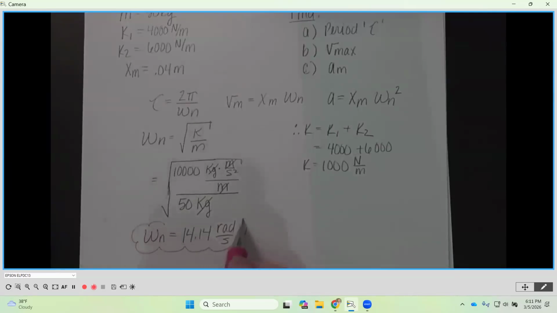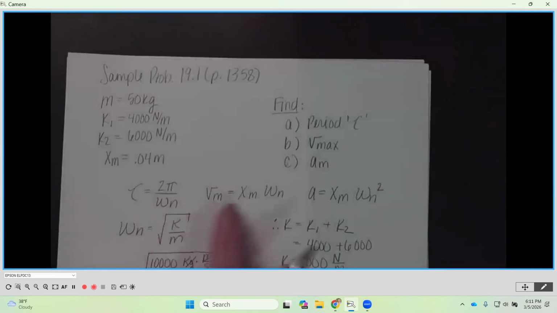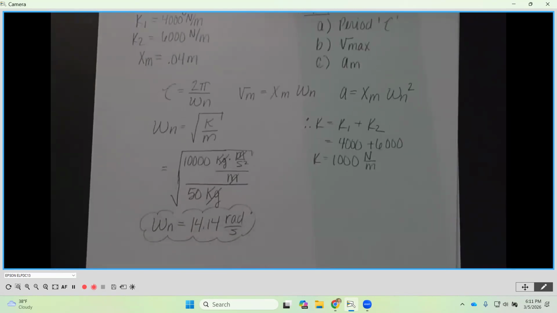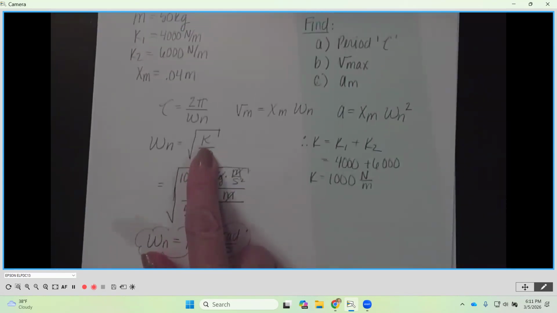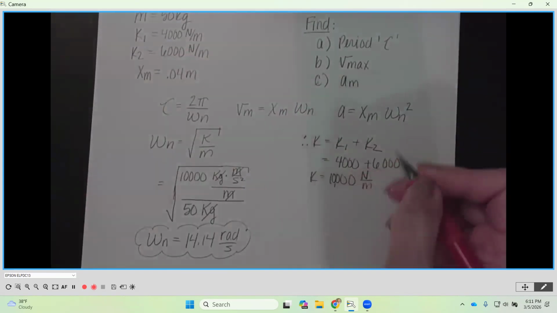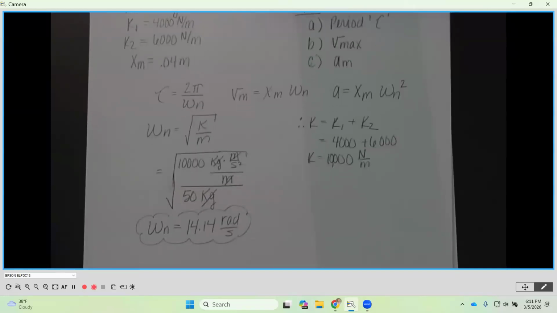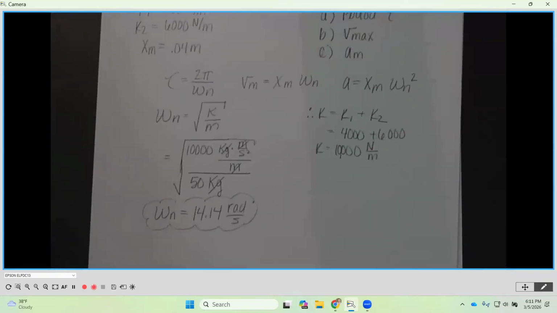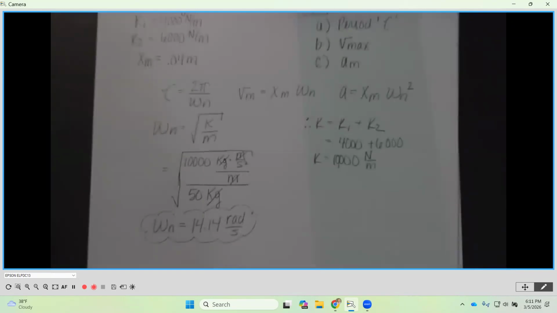This is going to be the natural circular frequency that we use for all of these values. Now, this number is going to change when we do our series arrangement, because our equivalent K factor is going to be different than 10,000. Oopsie, I need an extra zero here. Just realized, 10,000.